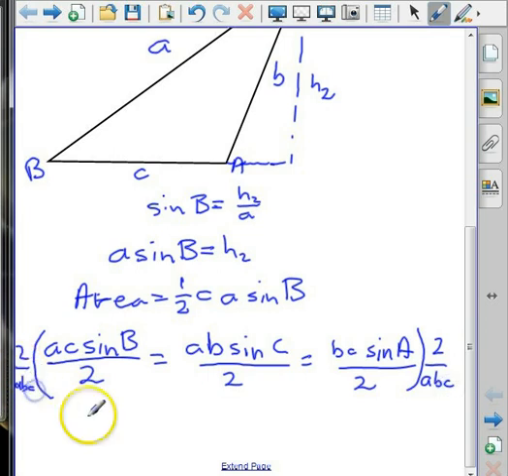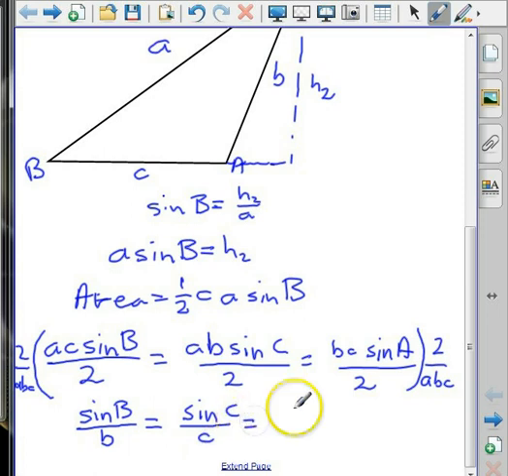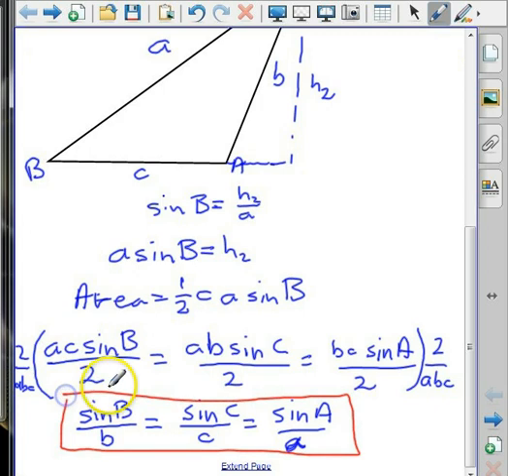Well, if I distribute that, then AC cancels here and the 2's cancel there, and I get that the sine of angle B over side B is equal to, and here AB will cancel and that 2 will cancel, the sine of angle C over side C. And then here BC's will cancel along with the 2's, and I'll get the sine of angle A over side A. And that is a very elegant and nice formula called the law of sines.